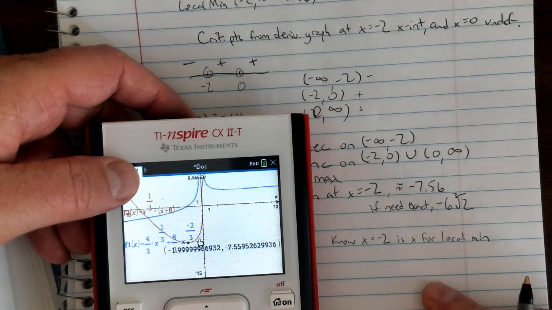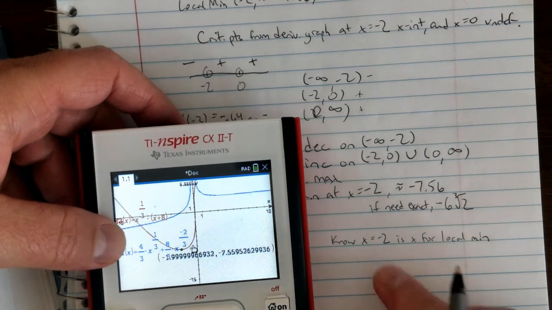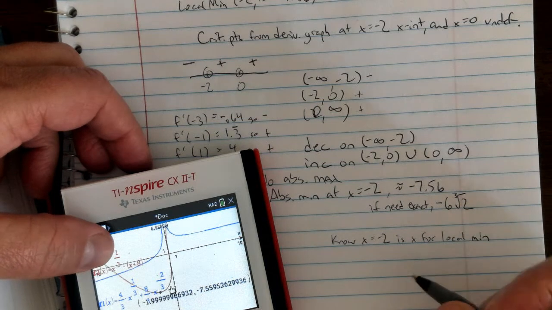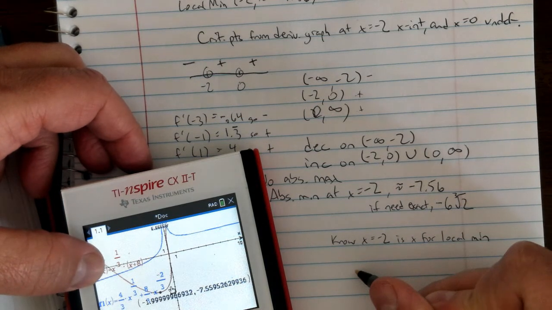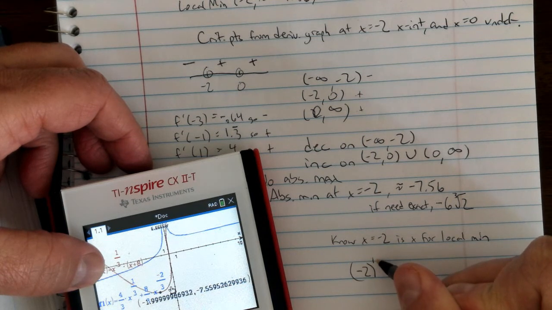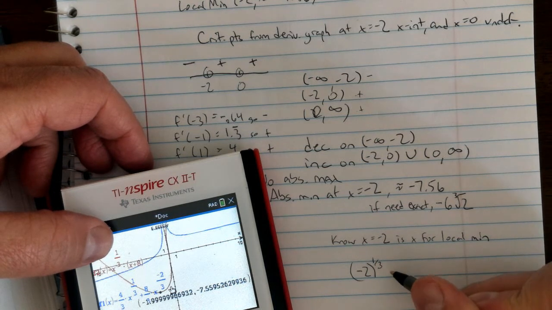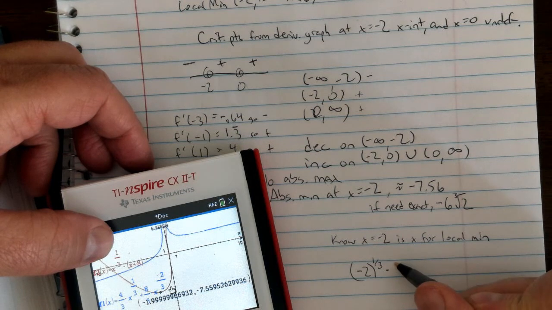And so that means in your function you'd put in -2. So we'd say -2 to the 1/3 times -2 plus 8.